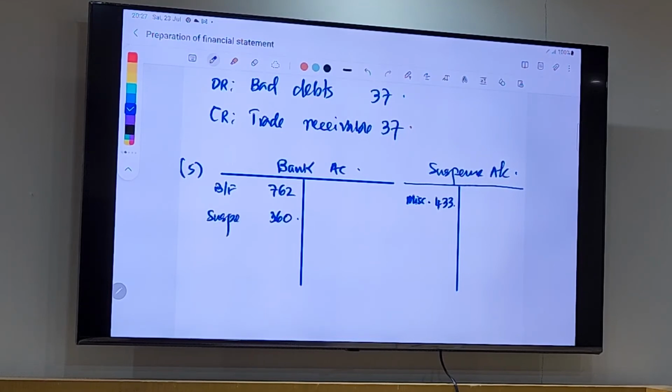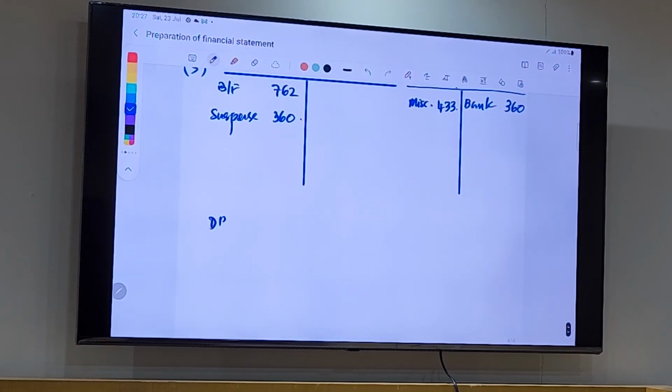So the double entry: debit bank account 360, credit suspense account 360. Everyone understood or not? This is number 5? Yeah, this is number 5.